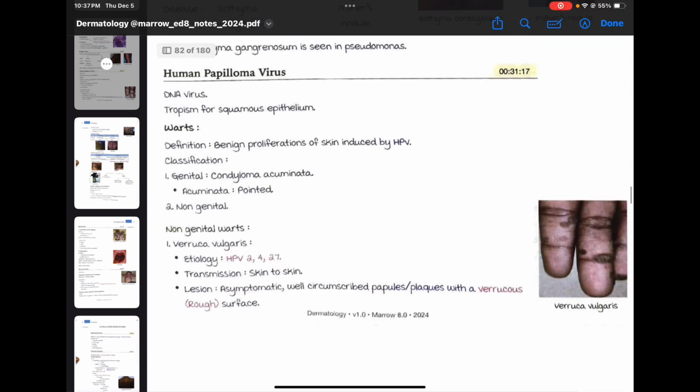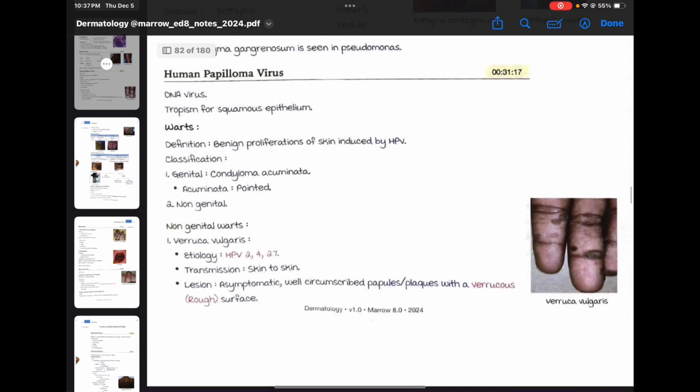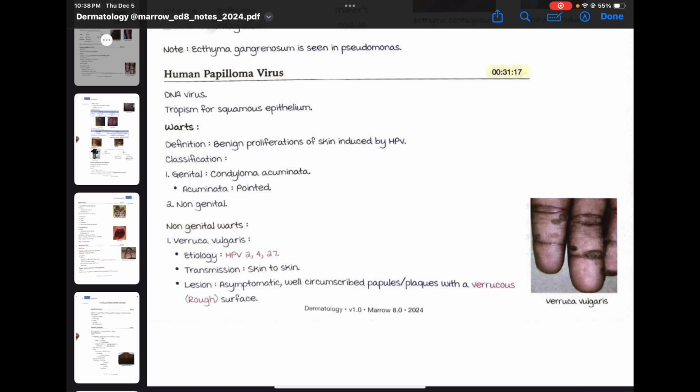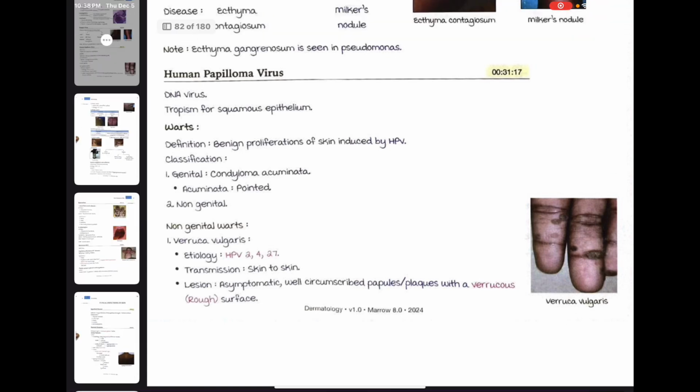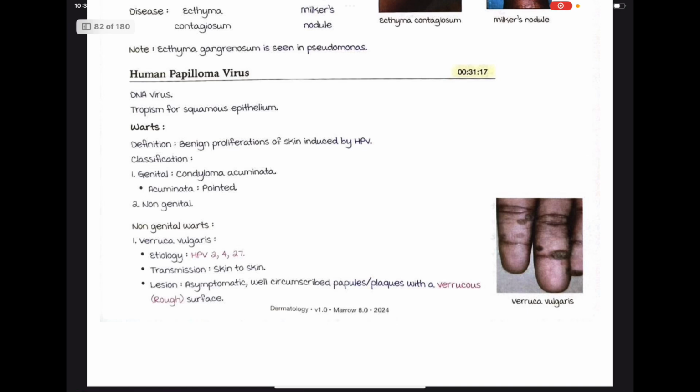Human papilloma virus, DNA virus. Tropism for squamous epithelium. Warts. Definition: benign proliferation of skin induced by human papilloma virus.